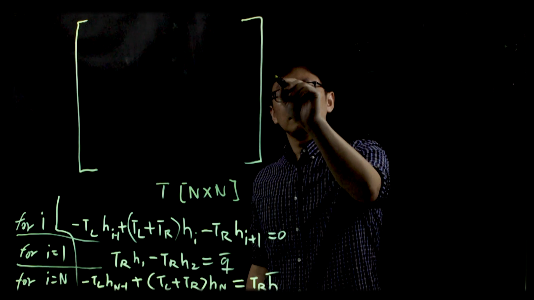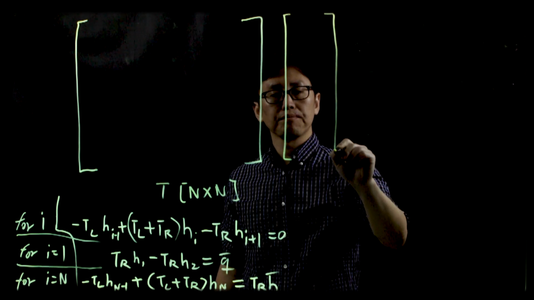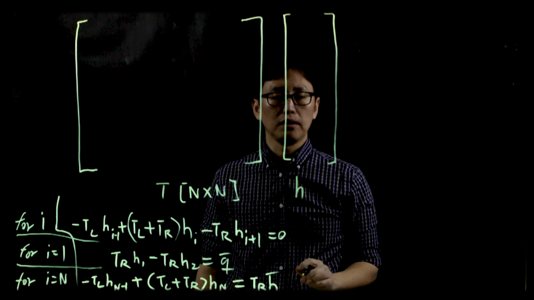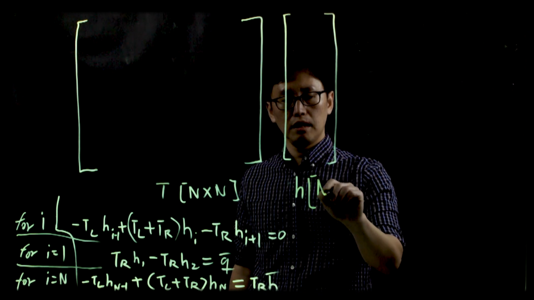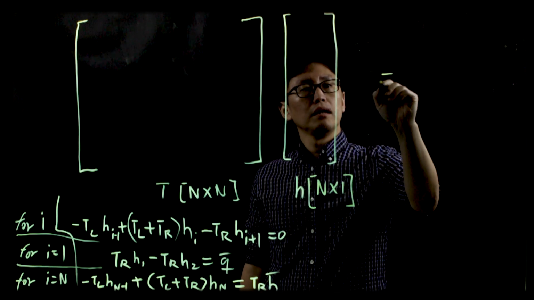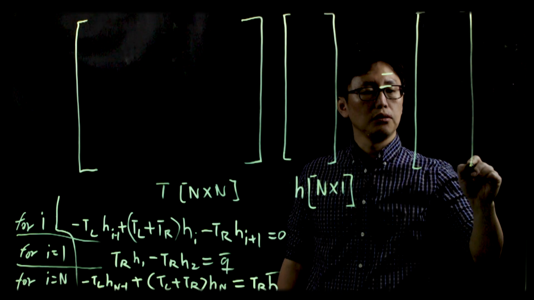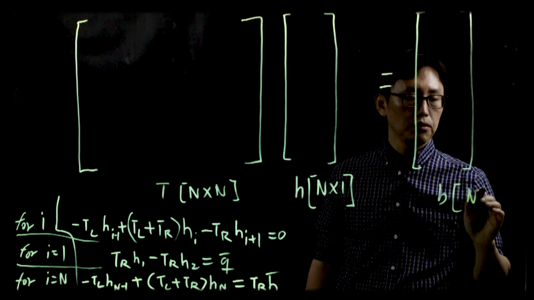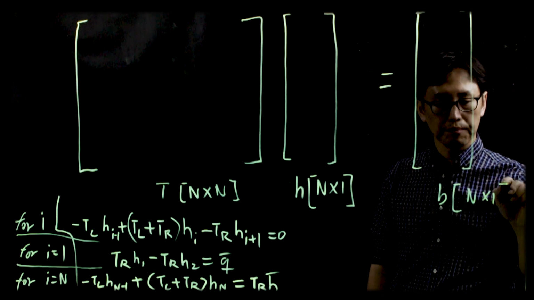And the unknown column vector is the head column vector, which we will denote as h, and the dimension of h column vector is n times 1. And we have the right hand side column vector, which we will denote as b, which is also in the dimension of n by 1.